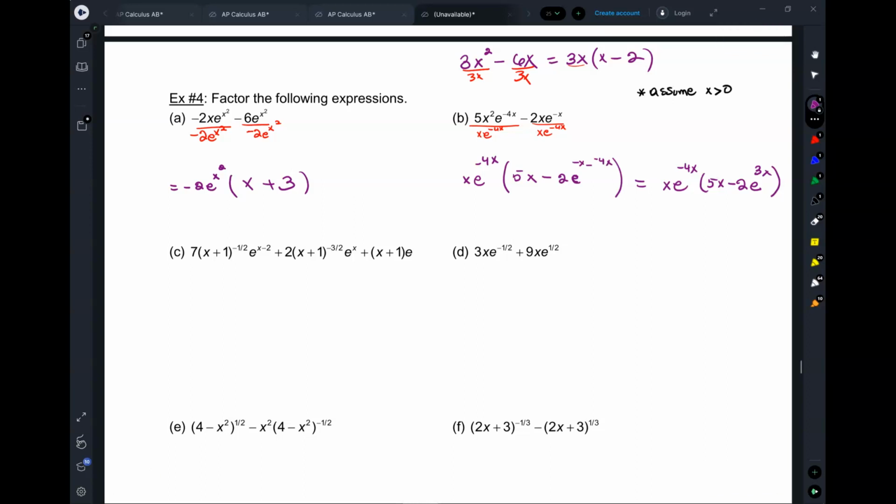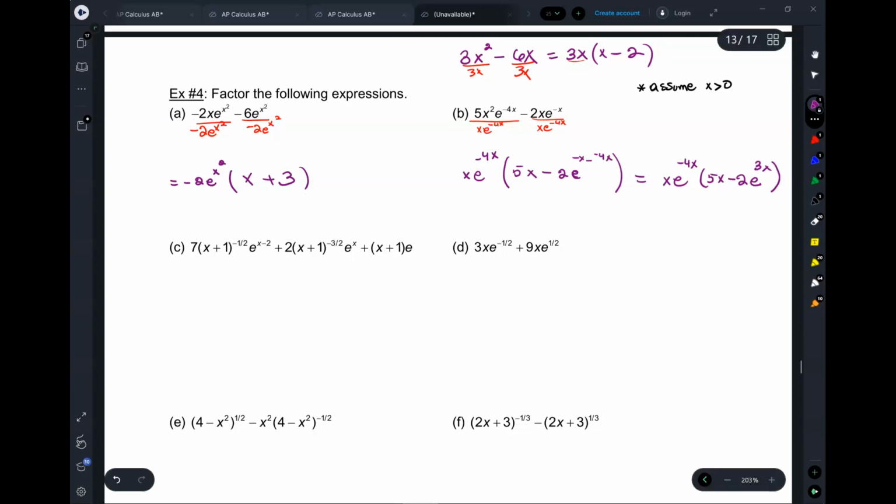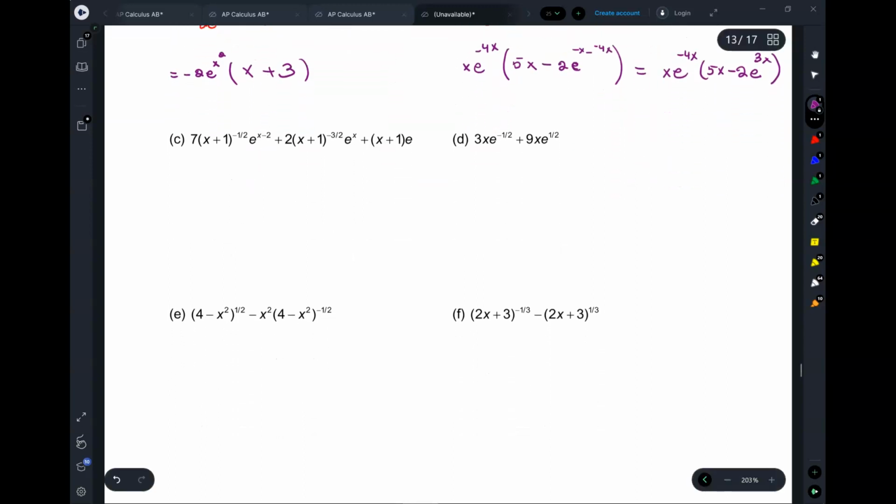Minus, okay? Well, we're factoring out, it's like you're dividing e to the negative x by e to the negative 4x. Same base, different exponent. You keep the base, subtract the exponents. Okay? All right, let's do this next one.